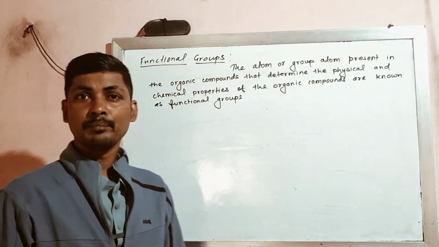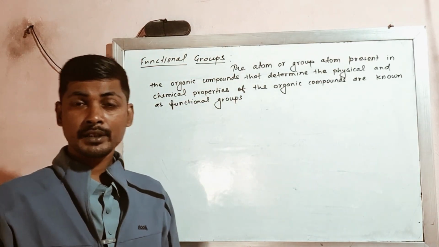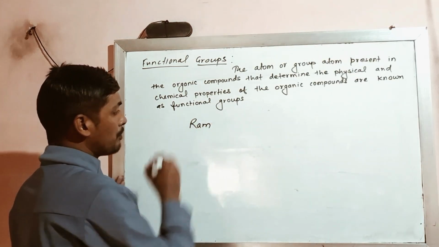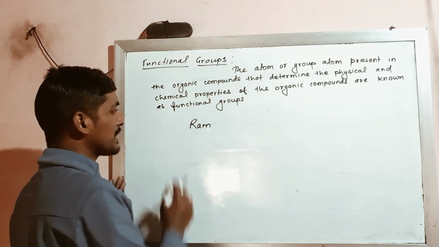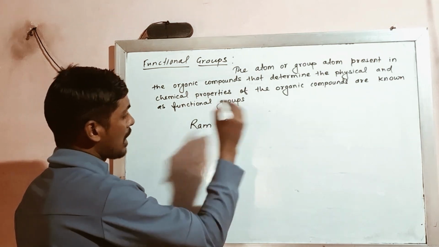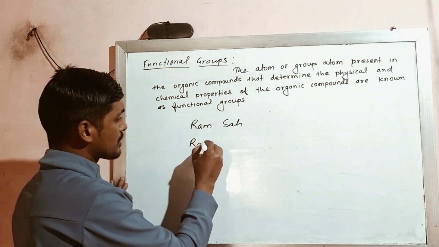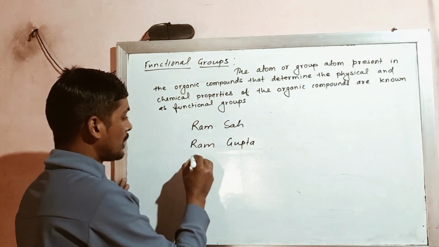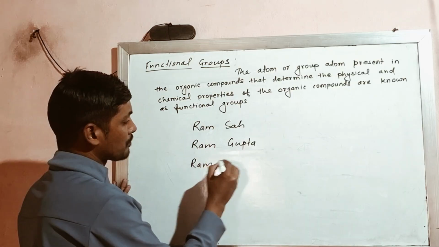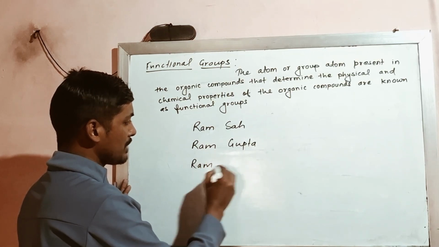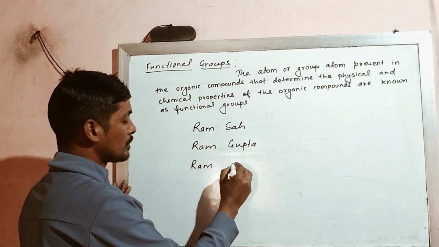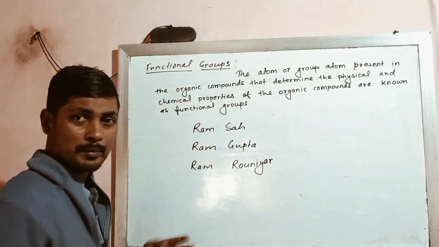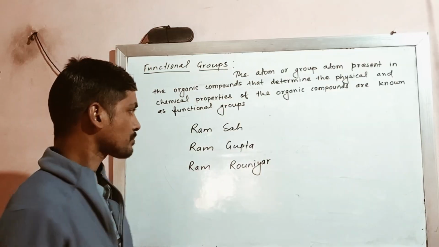Like there is a caste system. There are many people having the same name. Like there is a person Ram. This Ram is Shah. Another Ram is Gupta. Another Ram is Raniar, or many other castes are there.